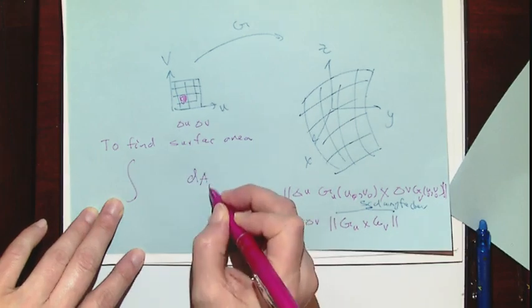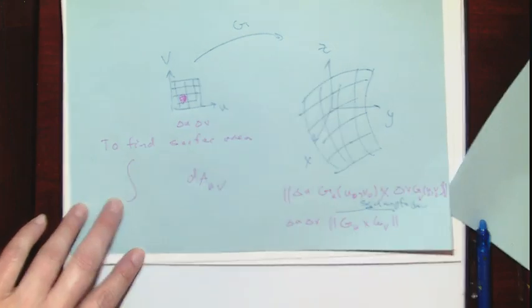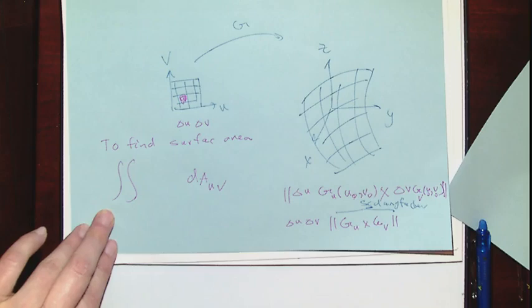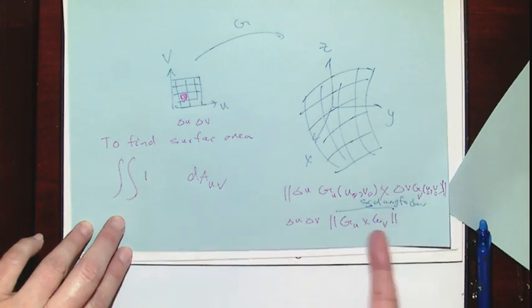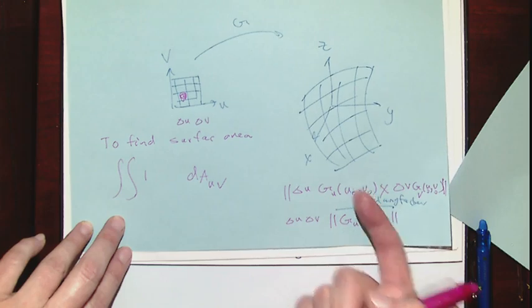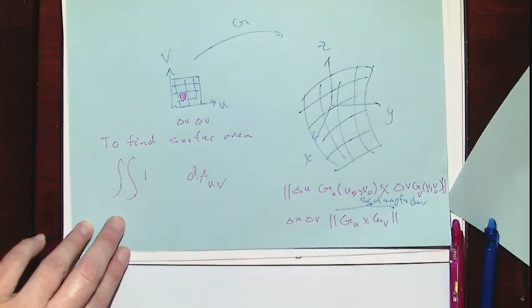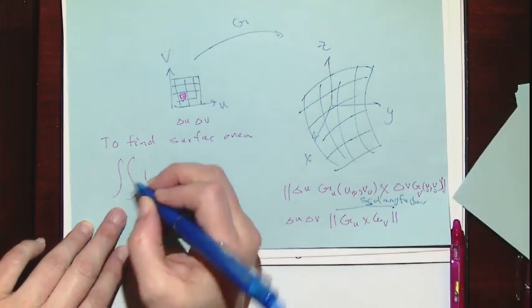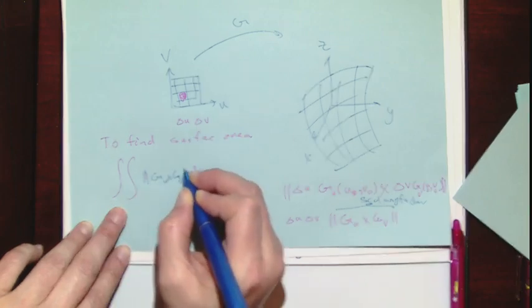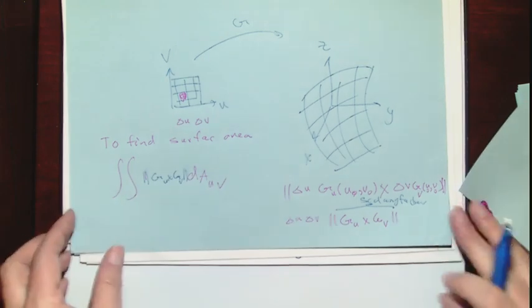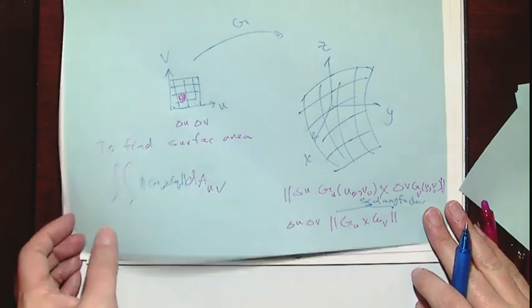So dA of U and V, and it has to be a double integral because it's a surface integral. But I can't do one in here, can I? What do I need? I need that rescaling factor, that Jacobian sort of thing. Fair game? So I still need the magnitude of G sub U cross G sub V. That's the last thing that I said last time.